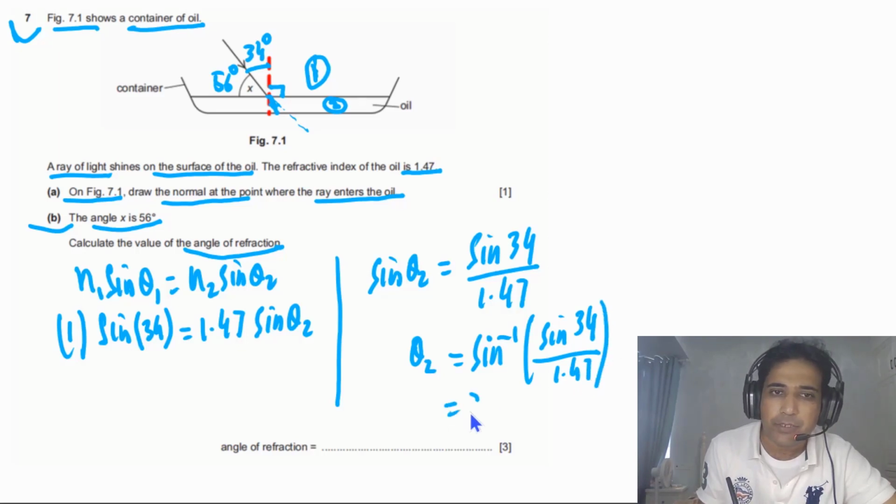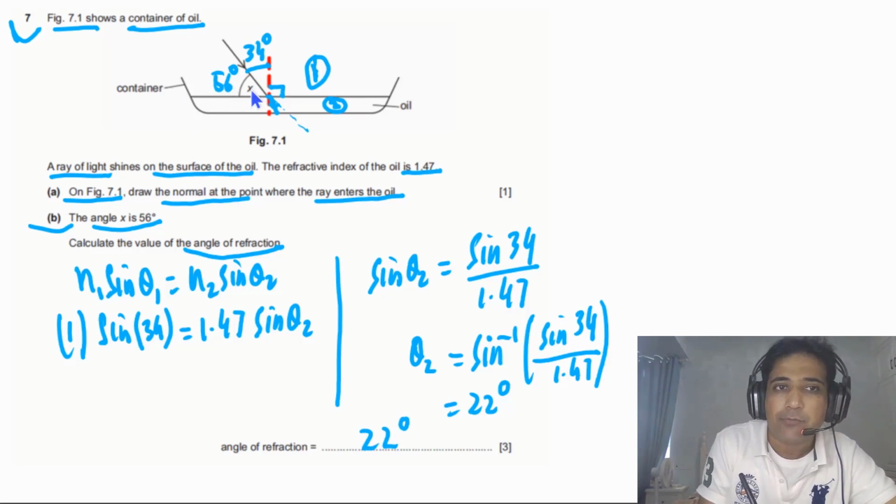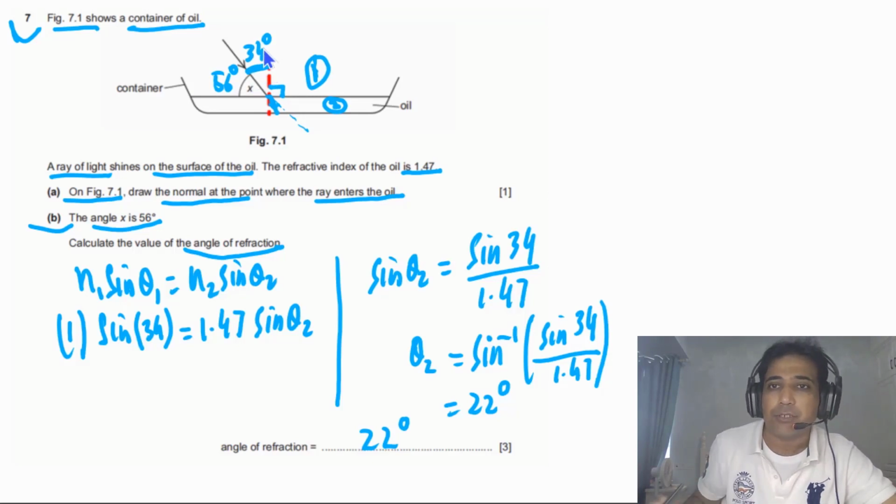If we solve, we will get 22 degrees. So this is our final answer, 22 degrees. You have to be careful: the angle of incidence is the angle between the ray and the normal, so we have to take 34 instead of 56.